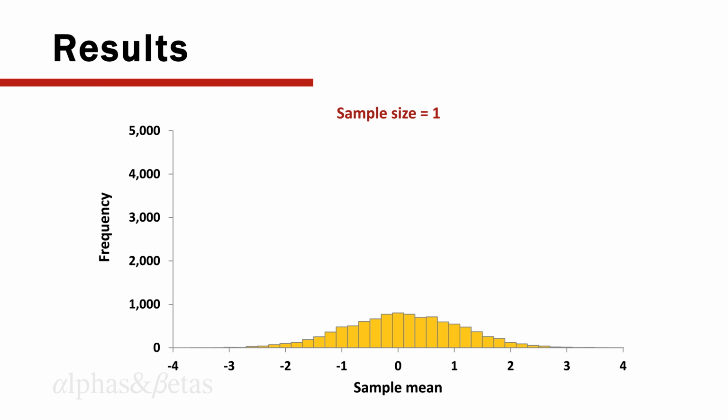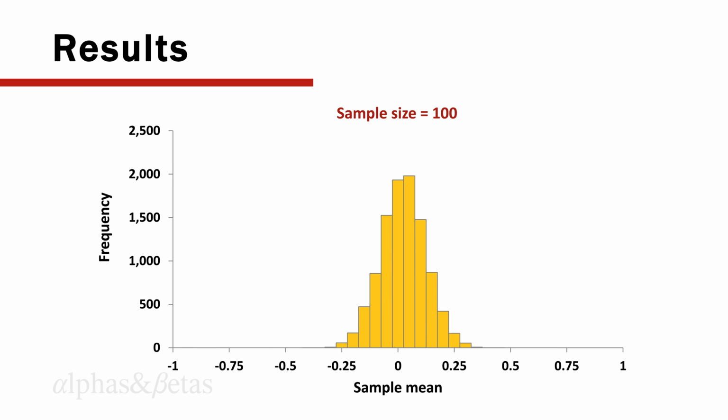This is the sampling distribution for a sample size of 2. Let's average 5 observations. 10 observations. 100 observations. You can see that the sampling distribution of a normally distributed variable is normally distributed. We can imagine at this stage you're not too impressed.